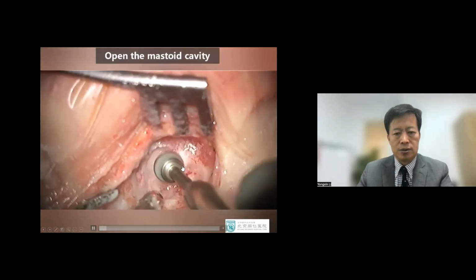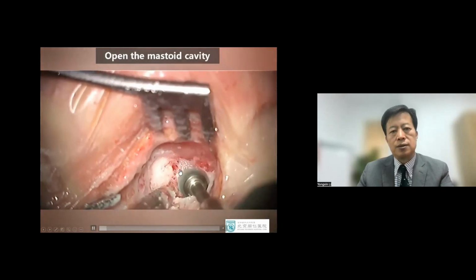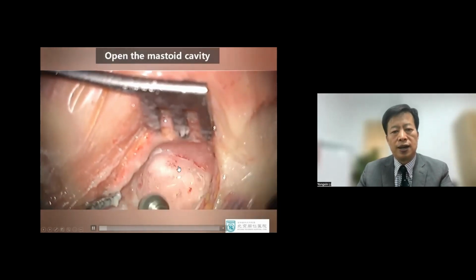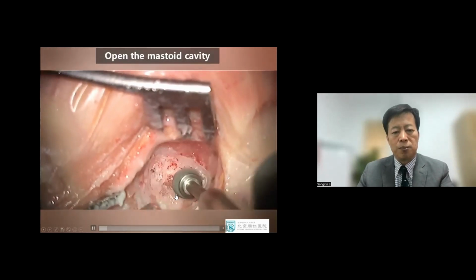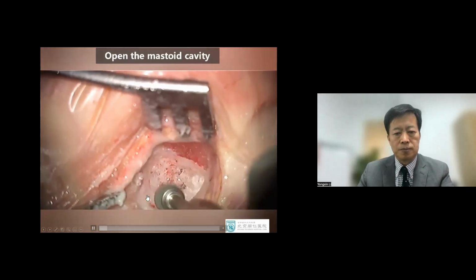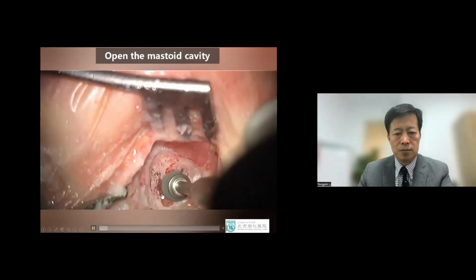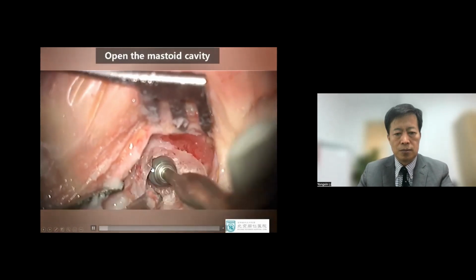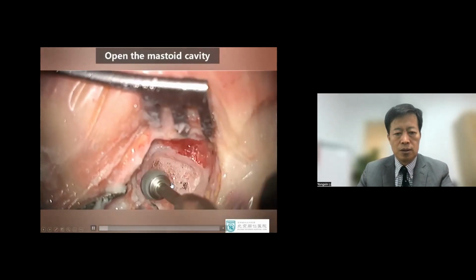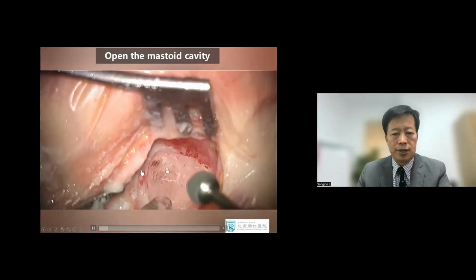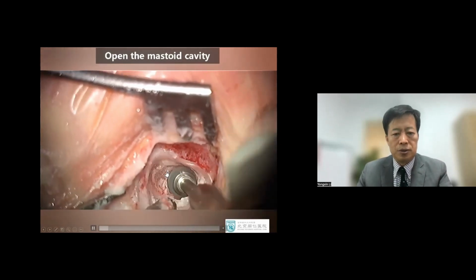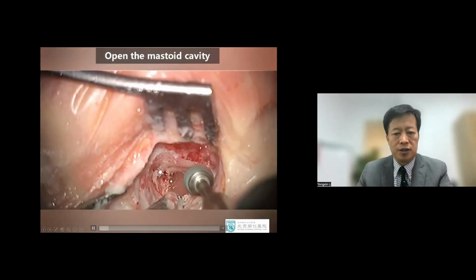Because this is a very young kid, the mastoid is not very big. We try to open the mastoid to make the entrance clear to see.